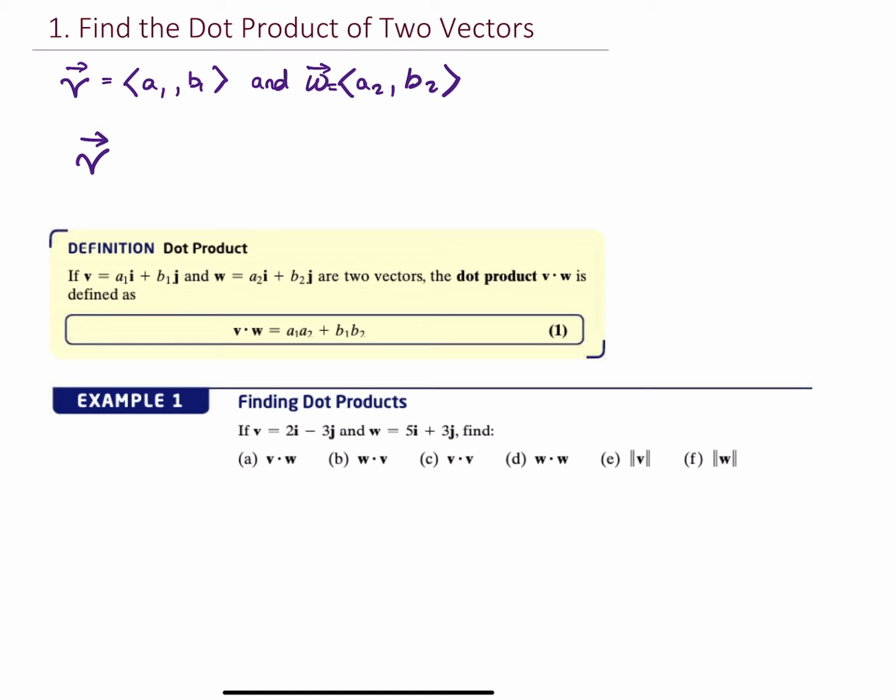So the dot product is kind of like multiplying them together. We use a dot in between. So v dot w. To get this, we multiply the two horizontal components, so a1 times a2. Then we add that to the vertical components multiplied, b1 times b2.